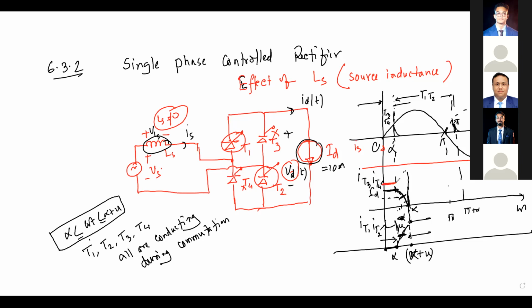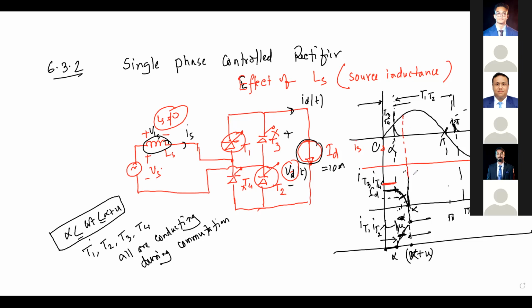And then if LS was 0, the current immediately shifted to ID, like this. But here, because of the presence of the inductance, that will not happen. It will take some time, right? So then the current will go like this.